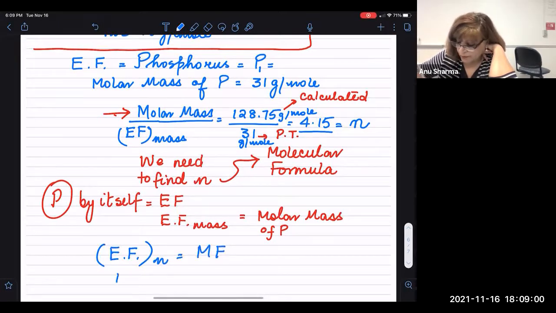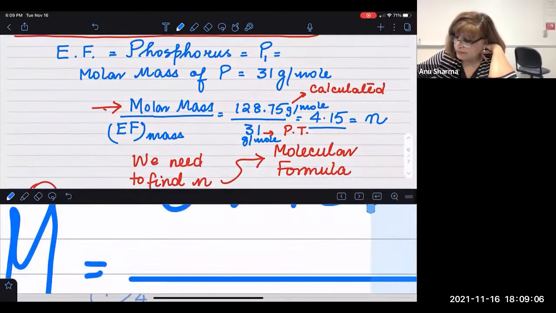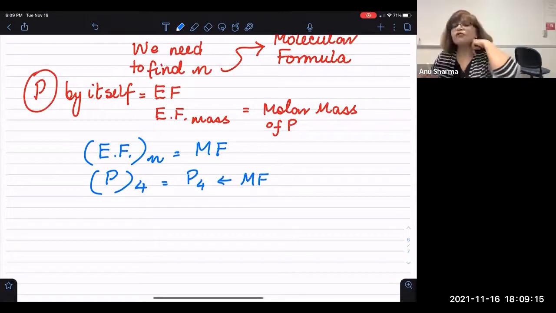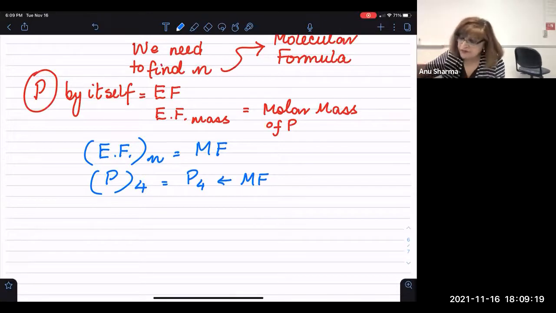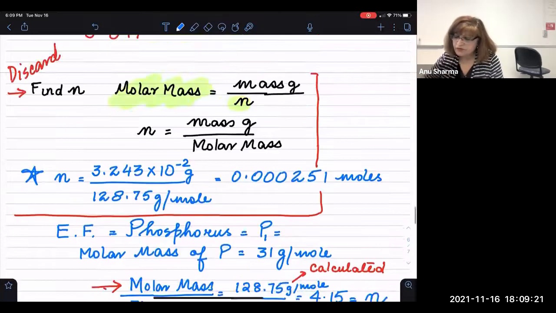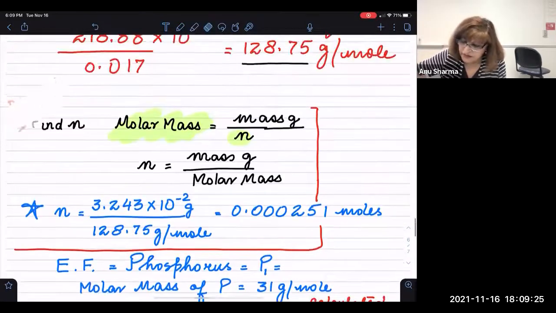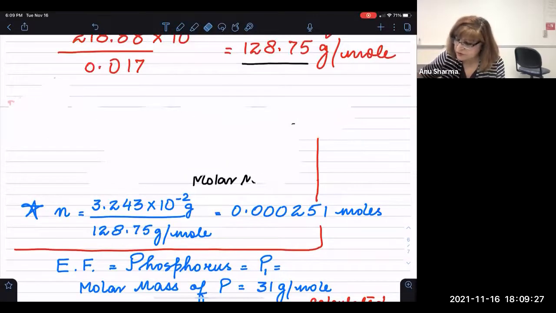So the empirical formula for phosphorus times N, which is 4.15, make it just 4. So this is equal to P4. And this P4 is the molecular formula of phosphorus. Okay. Sorry for the confusion over here. I'll just remove this, delete this, so you guys don't have it with you.